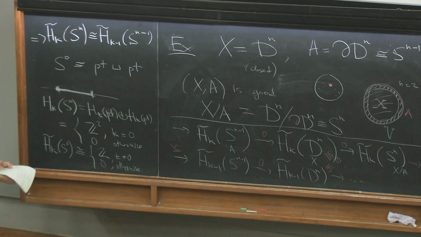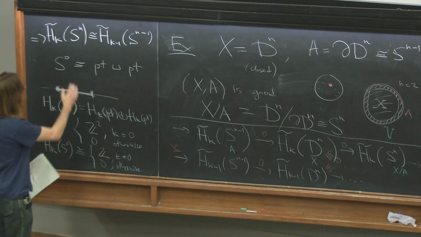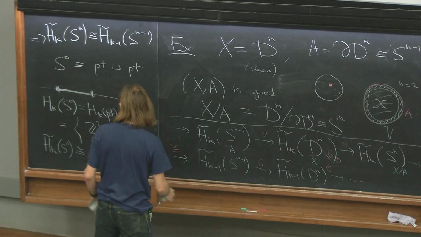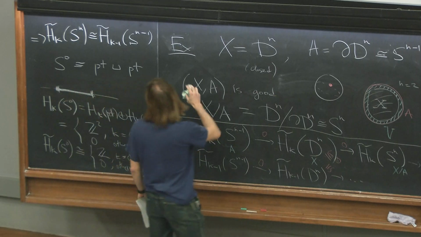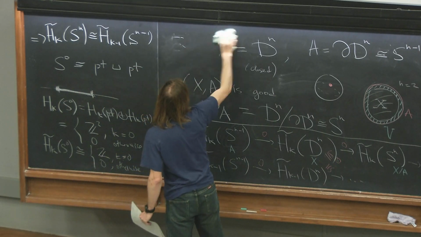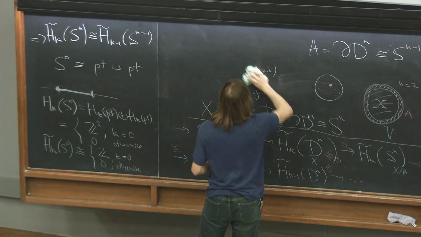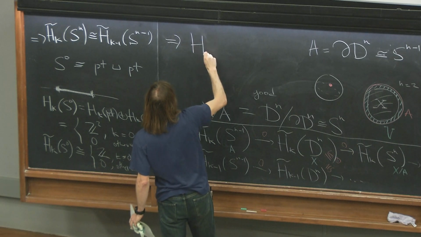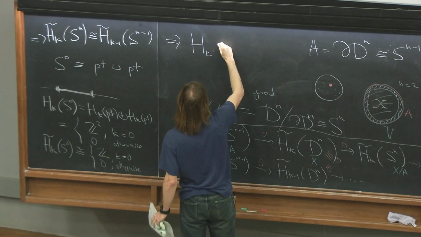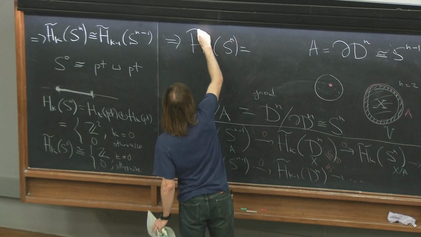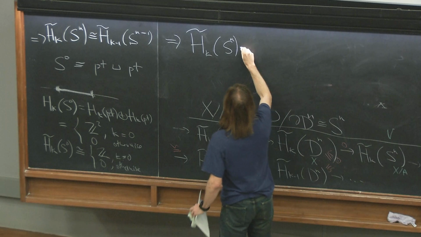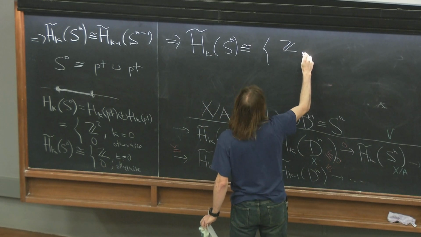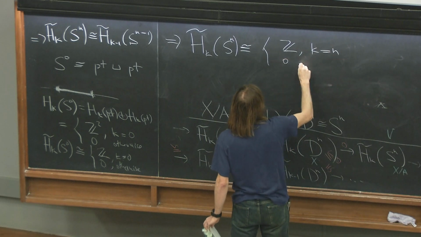So these reduced homology groups are simple, and from this relation it follows for general n that the reduced H_k(S^n) is isomorphic to Z when k equals n and 0 otherwise.